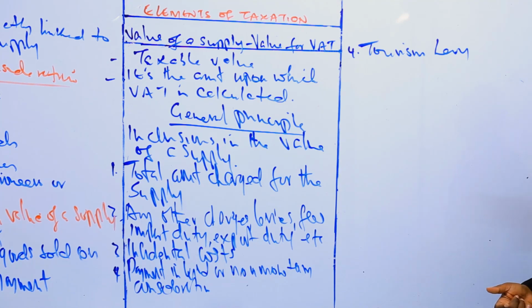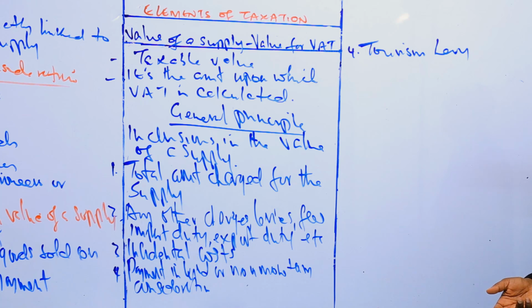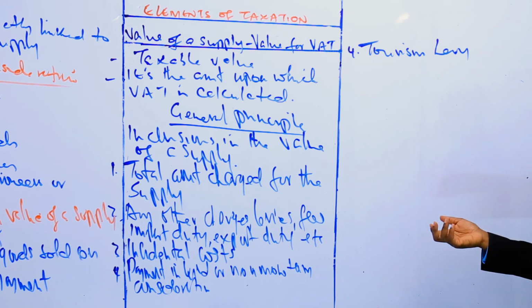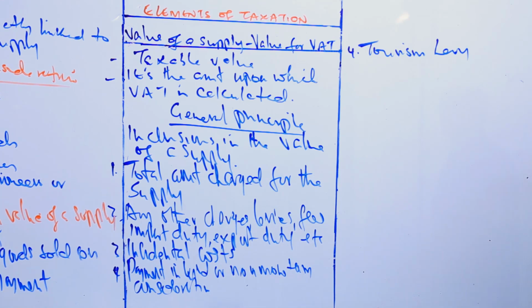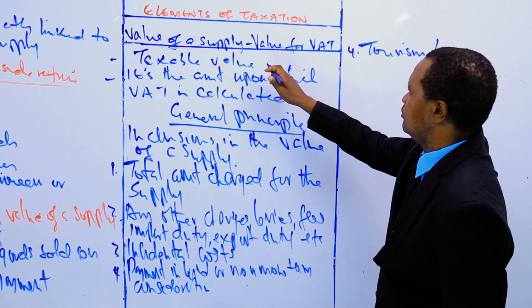You understand? It is a separate levy and it's not included in the value of a supply. It is not included, in other words, in the VATable value. The taxable value for VAT purposes is the VATable value.